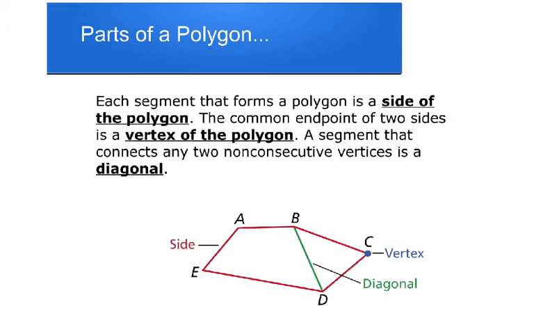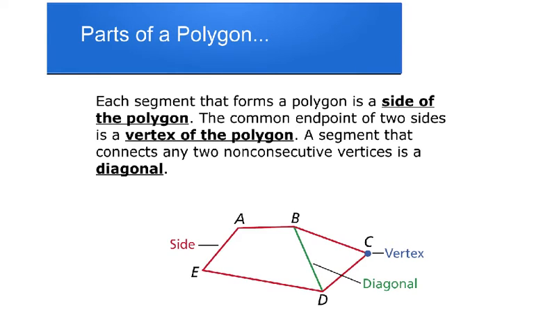The common endpoint of 2 sides is a vertex of a polygon. So here we have a vertex. That's where 2 sides come together. Here we have another vertex, another, and another. And if you notice in polygons, the number of sides that we have is the same number of vertices we have.